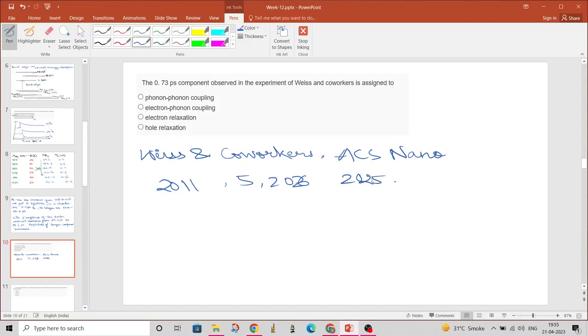In that paper it has been concluded that the 0.73 picosecond component was due to ultrafast hole relaxation.